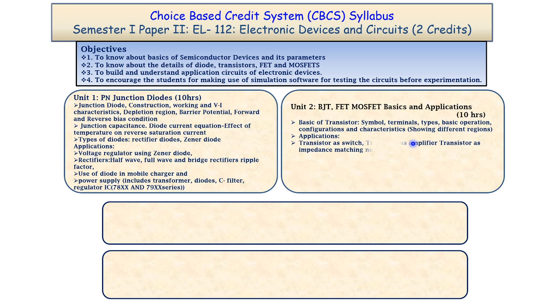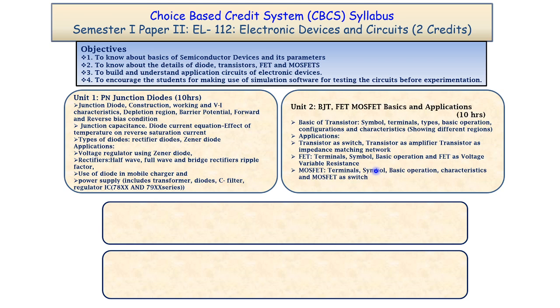Application of transistor: transistor as a switch, transistor as amplifier, transistor as impedance matching network. Then field effect transistor, terminals, symbol, basic operation and application: FET as voltage variable resistance. Metal oxide field effect transistor, MOSFET, terminals, symbol, basic operation, characteristics and MOSFET as a switch.